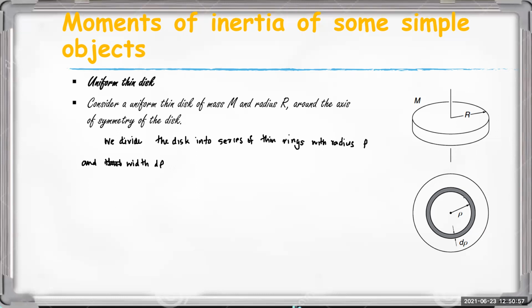So the total moment of inertia of the disk must be equal to the integral of di, where di is the moment of inertia of this ring.